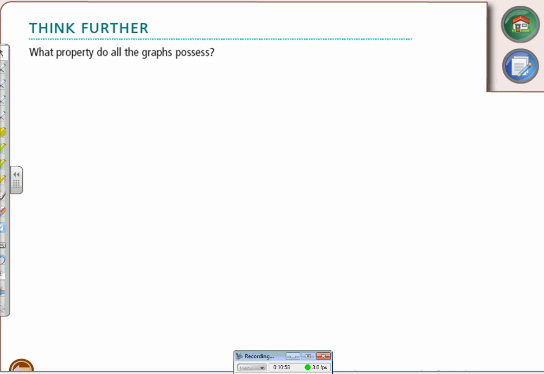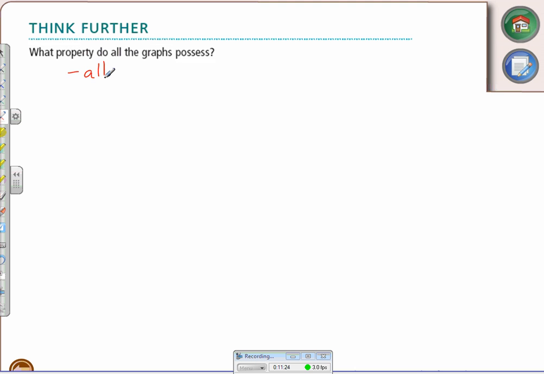Okay, so right next there in the column, to think further, what property do all the graphs possess? Well, they have the same property that the original quadratics had. An original quadratic has a line of symmetry. It's symmetrical. It has vertical symmetry. Because it has vertical symmetry, so does its reciprocal.